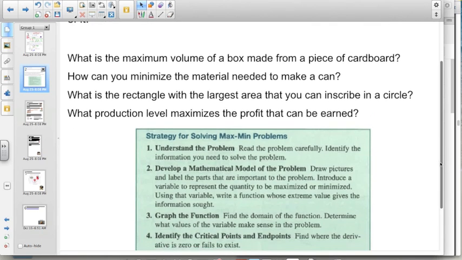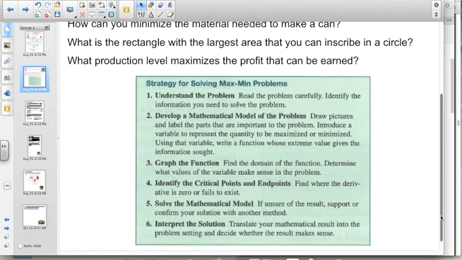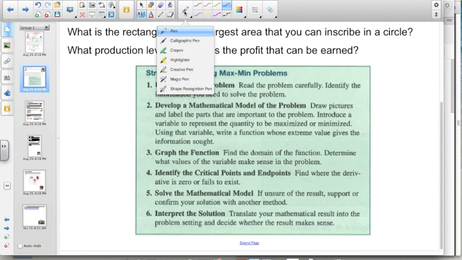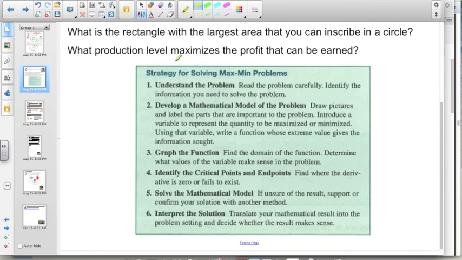So we have some strategies for solving these problems. I love the first strategy, understand the problem. I think if we could just understand all the problems, we'd have a really easy time solving things. But really what it means is that we need to be able to read critically and identify the information and sort it into what I need to find, what I have, that sort of stuff.